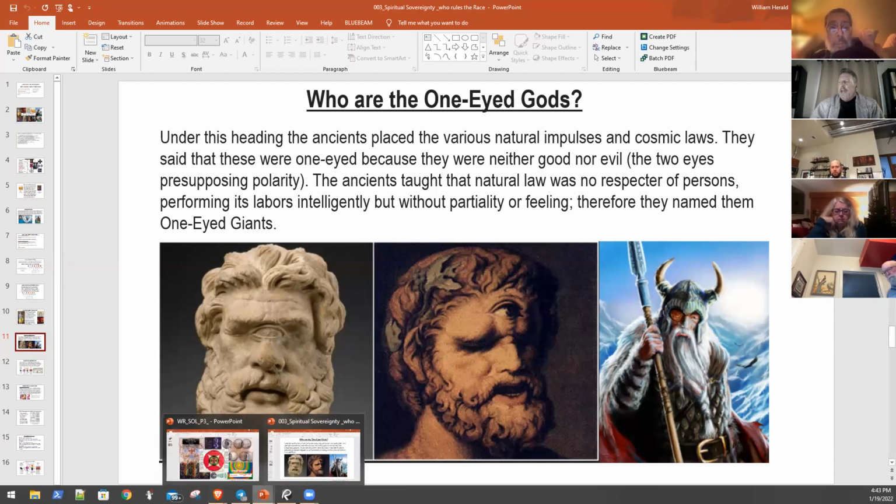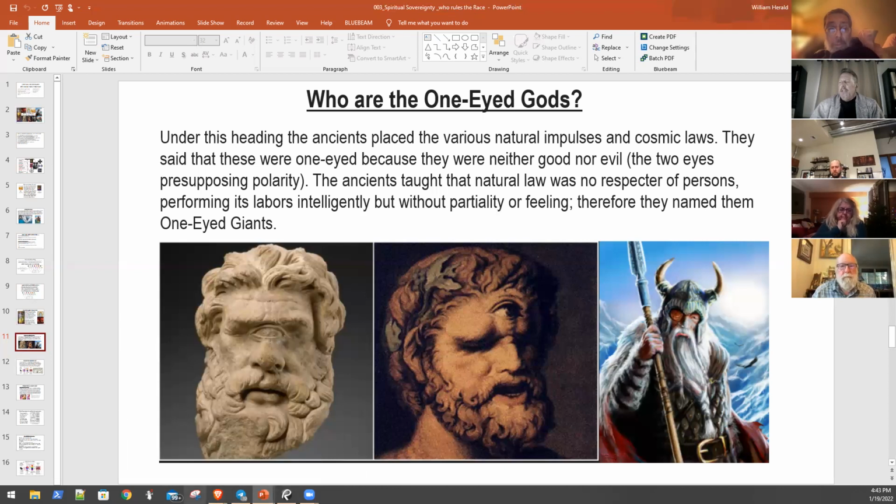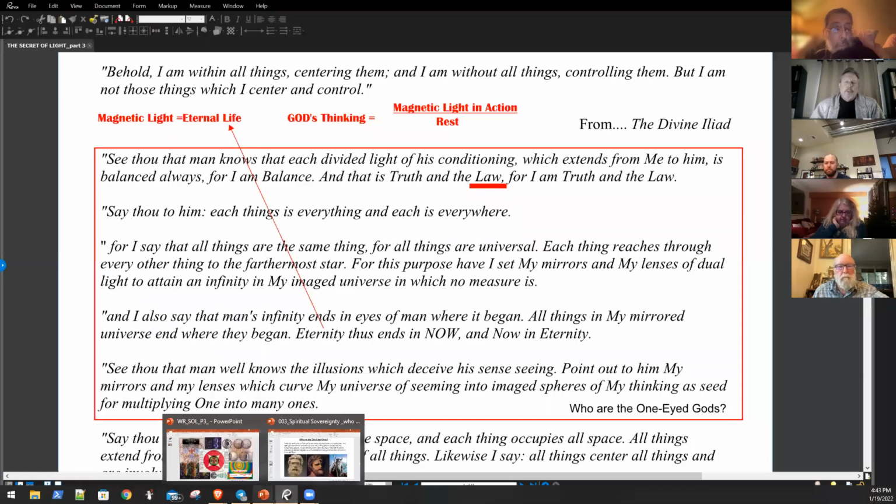So within that concept, we say that the law is without partiality. One person is not going to receive a different outcome in the law because of some status, because of wealth, because of insight.